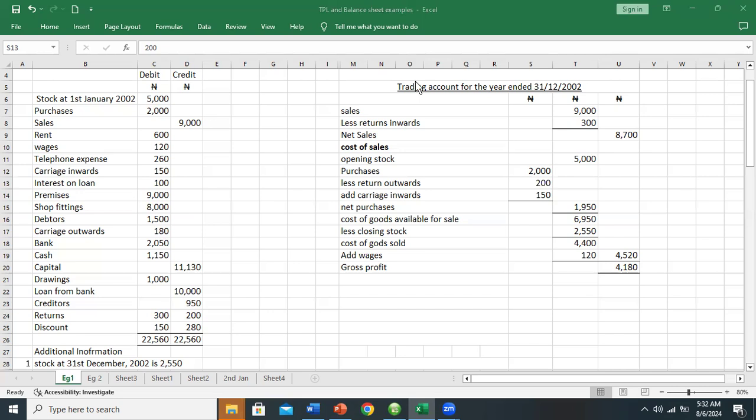So if you have your gross profit, then you can now prepare your profit and loss account. So you have your profit and loss account for the year ended 31st December 2002.